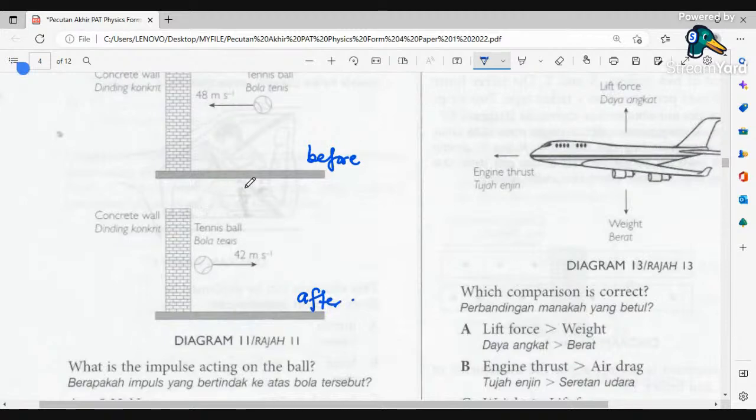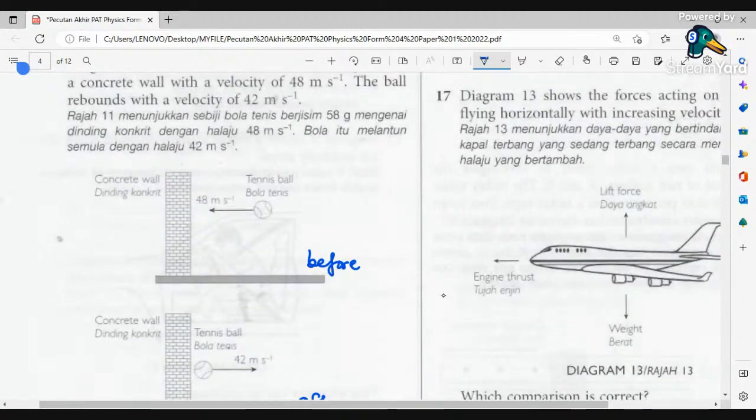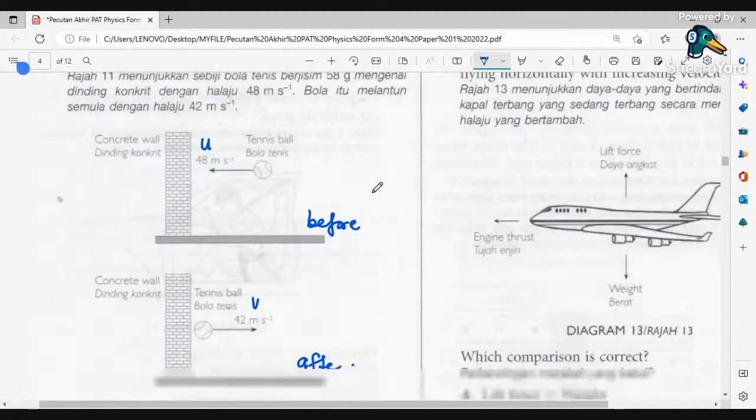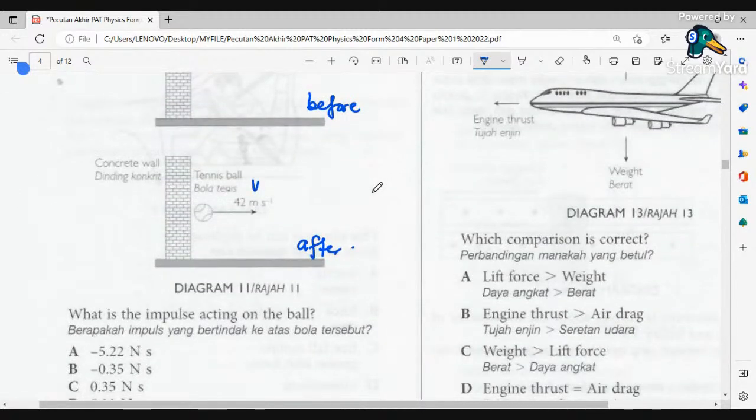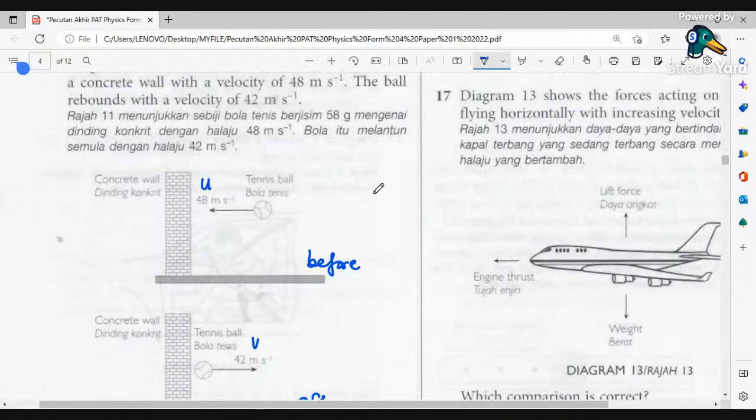Initial velocity, final velocity. Question: what is impulse acting on the ball? Okay.